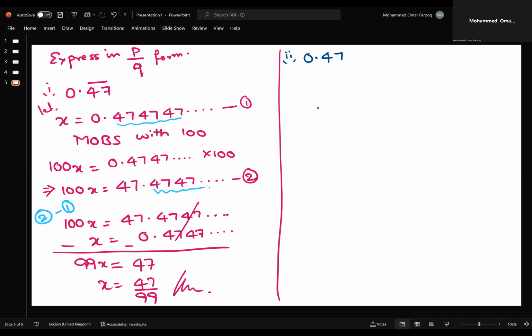Let us express 0.477 where the bar is only on 7. Akash asks: can you explain in this format, 2.113 bar? The 3 bar is multiplied with 1000. Since this is a different concept, I will explain it to you separately.